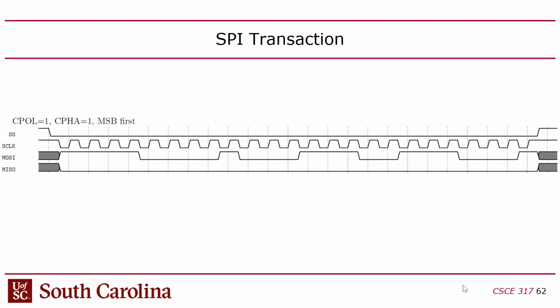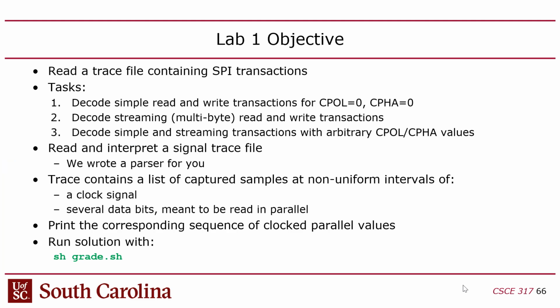We'll ask you to decode this visually on the quizzes and the exams, but in lab 1, you're going to read this out of a text file, which we call a signal trace file. We give you an API that's going to help you interpret that trace file. But the objective is to read the trace file and then decode it. So take the trace file and basically convert it into a little command that says read or write, and then the address, and then the data. Make sense? So you're just going to decode.